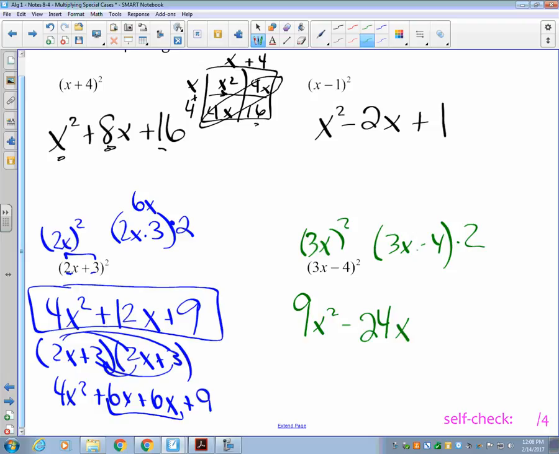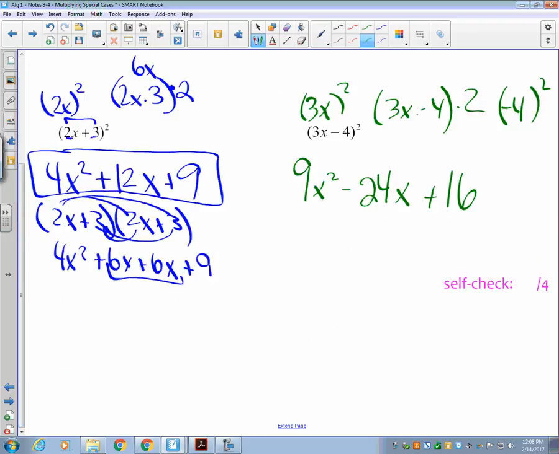And negative 4 squared, negative 4 times negative 4 is 16. Okay, one more time box method so that those of you who were absent can see how to do that.